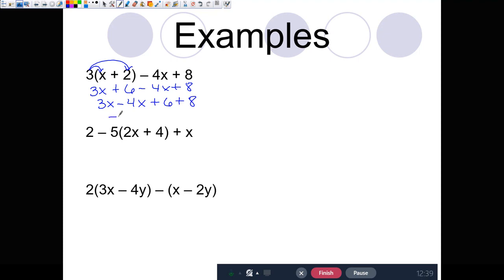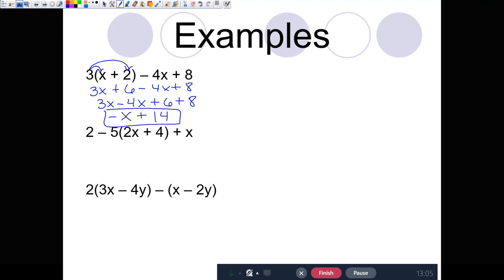Negative 1x, but do we put a 1 in front of x? No. So it's just negative x. Okay? And what is 6 plus 8? 14. Okay, so my answer would be negative x plus 14.